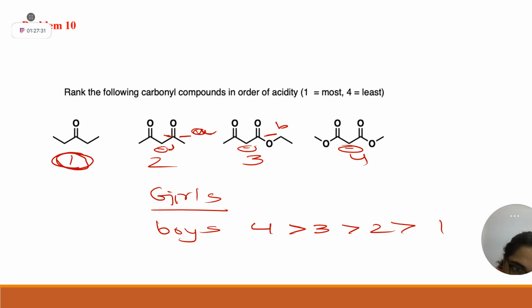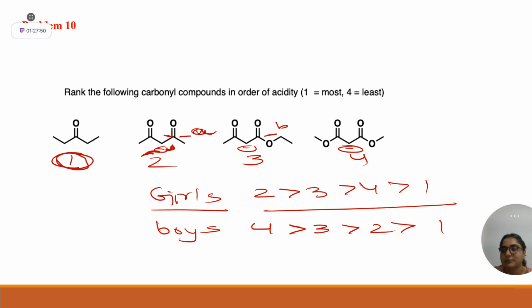It can take advantage of this charge, meaning it can stabilize that, right? So whenever you are having two ketones, two esters, or one ketone and one ester, two will be more acidic than your third, then your fourth, then your one. So the correct answer is this. If someone is not with me, please tell me with reason why I am wrong.